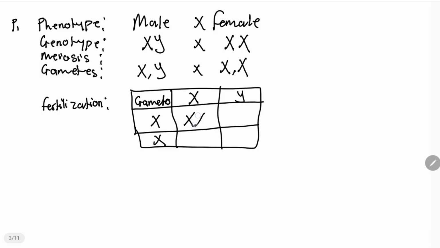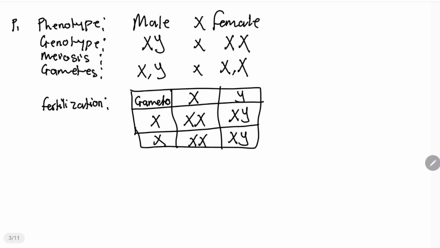So it is going to be XX. In this box, it is going to be the Y from the father and the X from the mother. So it is going to be XY. And in this box, it is going to be X from the father, X from the mother. So it will be XX. And in this box, it is going to be the Y from the father and the X from the mother. So it will be XY.